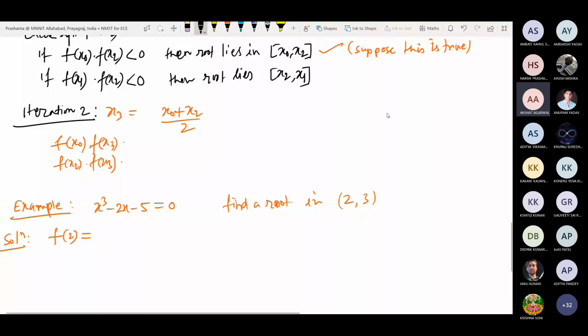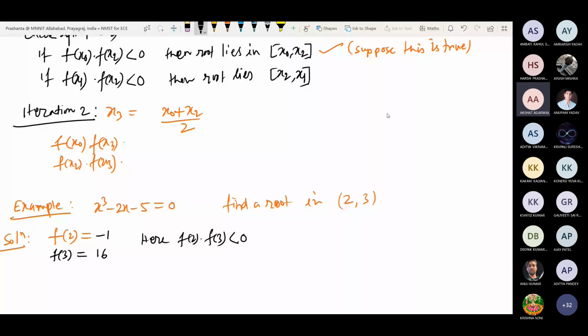It is minus 1. What is f of 3? It is 16. So here f of 2 into f of 3, their product, is less than 0. In other words, they are of opposite sign. So there indeed exists a root between the points 2 and 3.